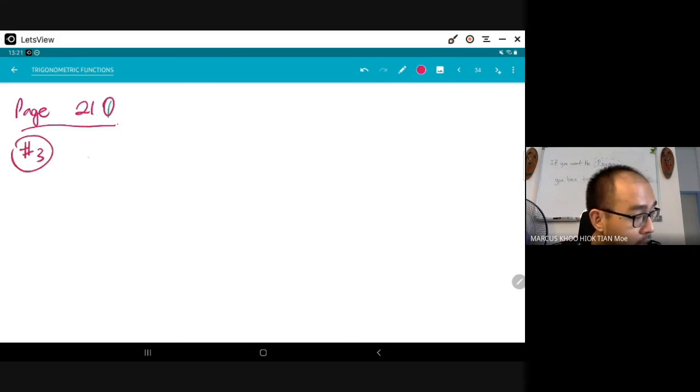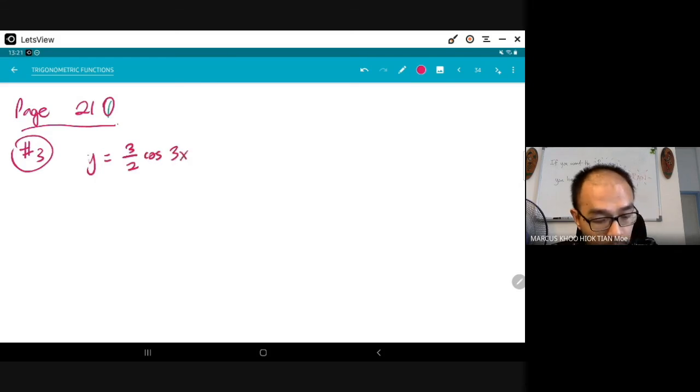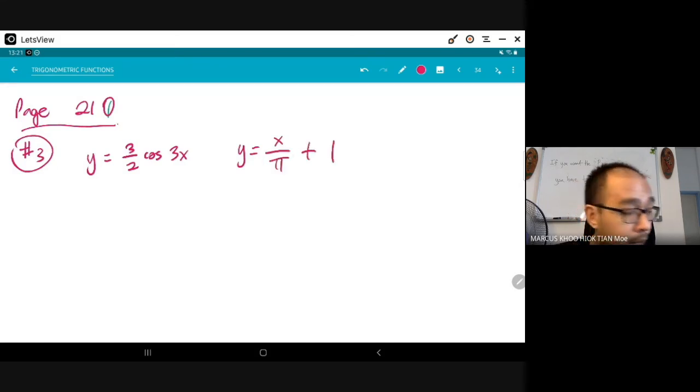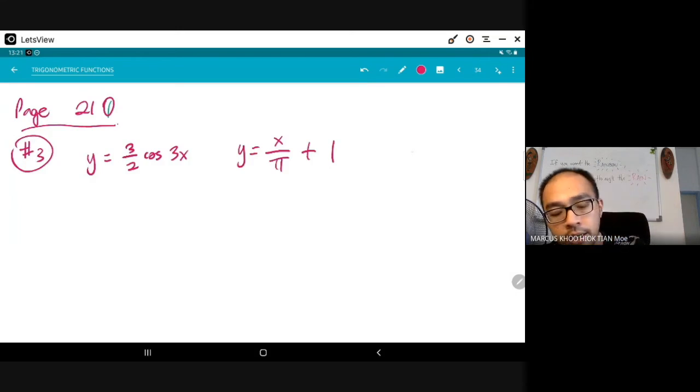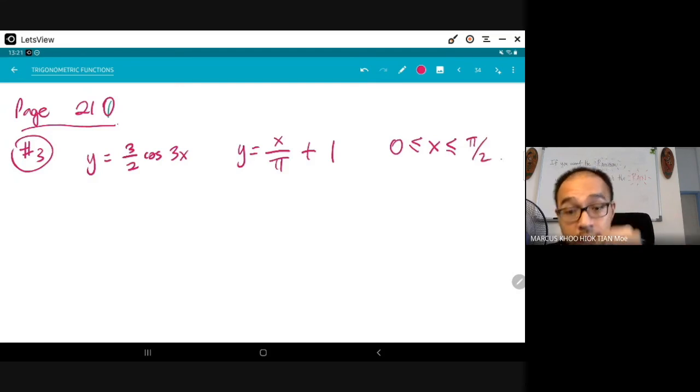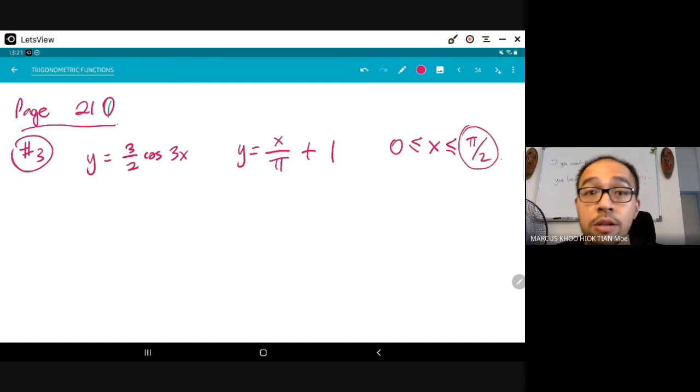It says that on the same axis, sketch the graphs of y equals 3 over 2 cos 3x, and then y equals x over pi plus 1, from 0 to x to pi over 2. This is only until pi over 2, not even until 2 pi.